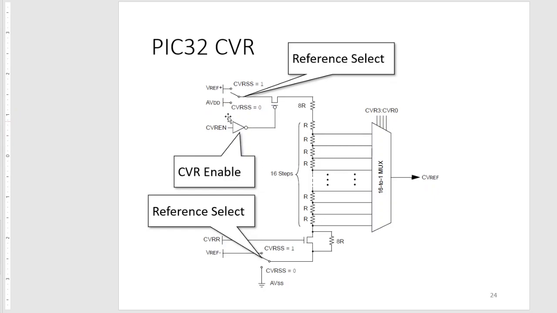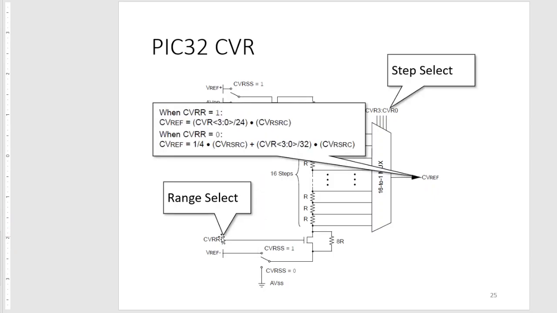Then we have an enable buffer here in order to enable our comparator voltage reference. Same with the negative reference, we can select analog VSS or the VREF minus pin.